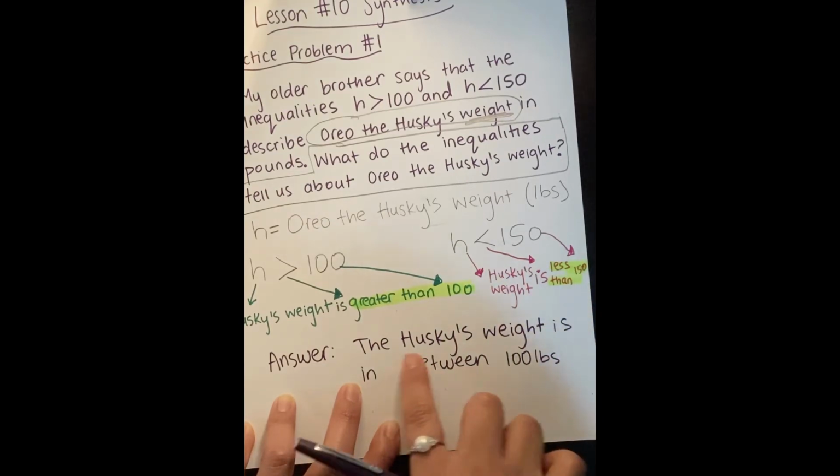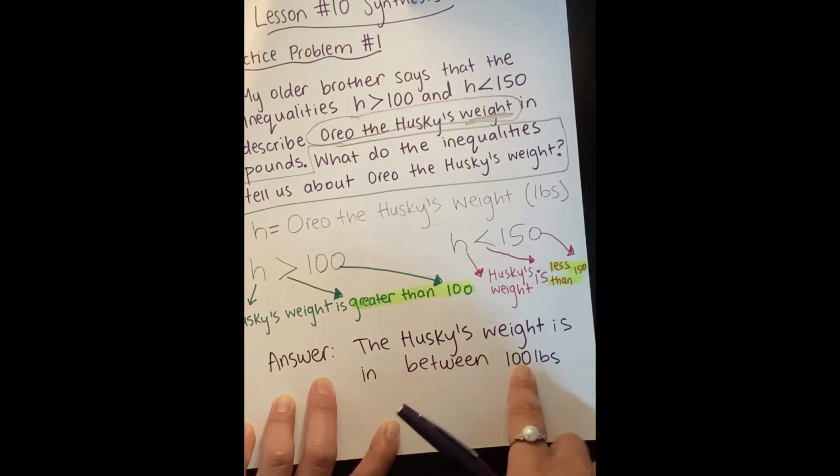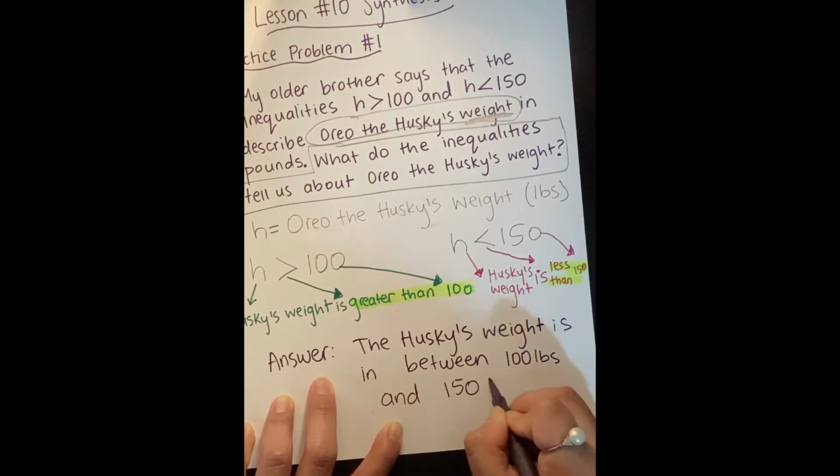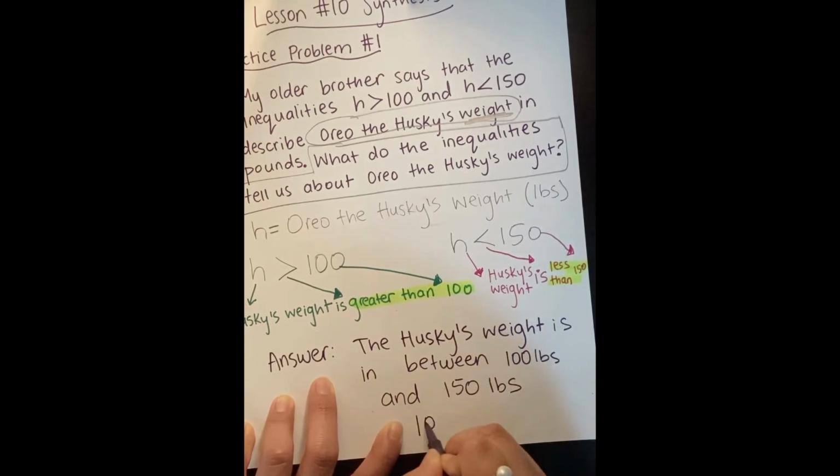So the Husky's weight is in between 100 pounds and 150 pounds. Between 100 and 150 pounds.